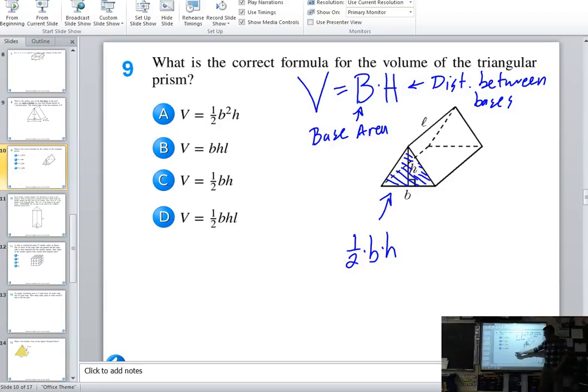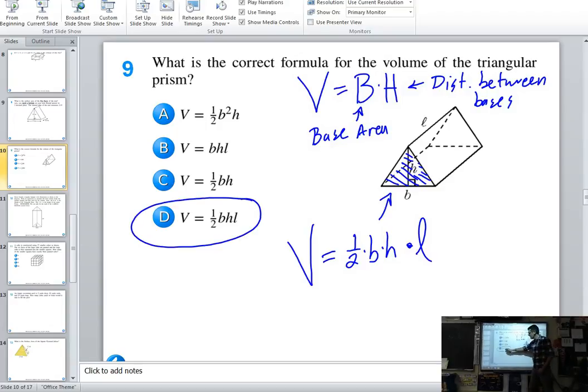Then all we have to do is multiply by the distance between the bases. How long is my prism? What's the distance between them? What's that labeled as here? L, the cursive L. So I end up with this. This little section is your big B, and that L is your height.